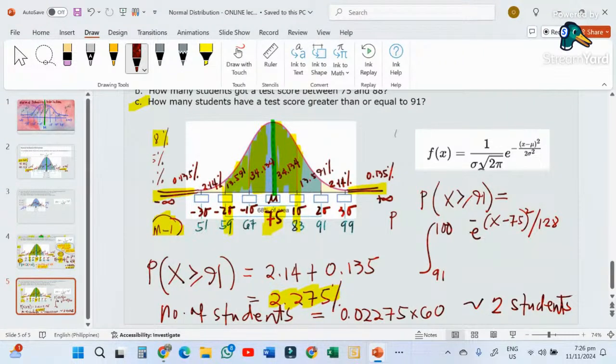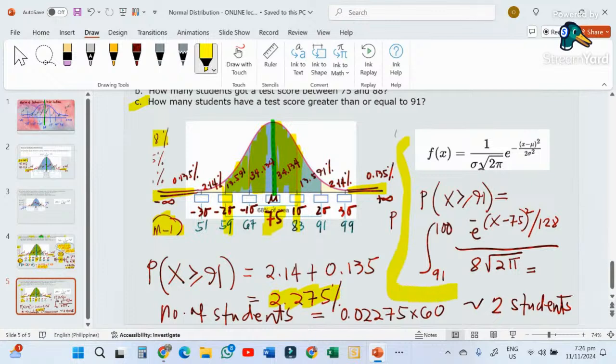All right. And then everything divided by sigma, which is 8, times the square root of 2 pi. We must get a percentage here similar to 2.275. Let's do it.